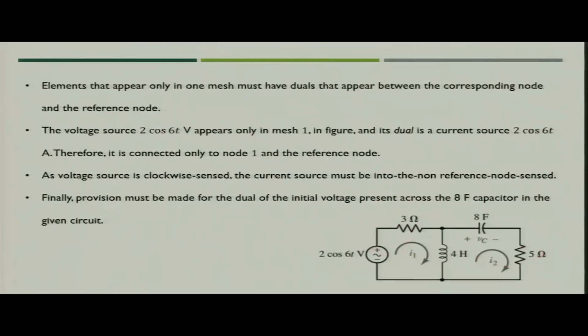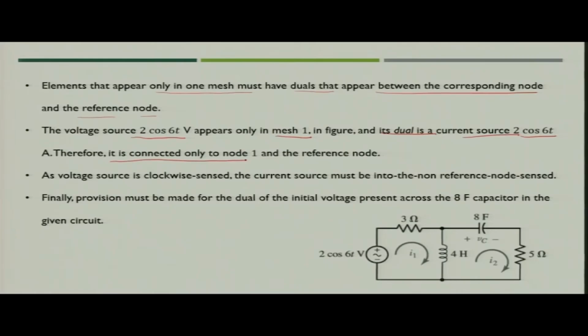Now let us summarize what we have done. The elements that appear only in one mesh must have duals that appear between the corresponding node and the reference node only. Now, the voltage source 2 cos 60 V appears only in mesh 1. So, its dual would be a current source and the value would be 2 cos 60.